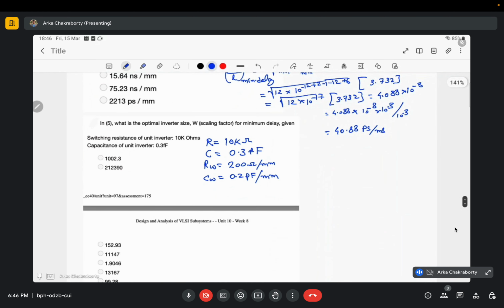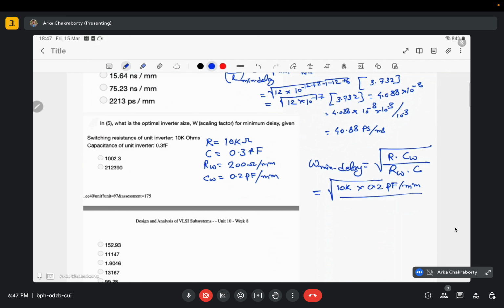Therefore, from there we can directly write W min. W with minimum delay would be how much? It would be R into CW divided by RW into C. Correct? So it's simply 10 kilo into CW, which is 0.2 picofarad per millimeter, divided by RW, which is 200 ohm per millimeter, into C, which is 0.3 femto.